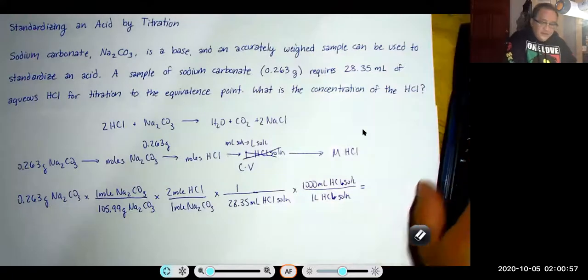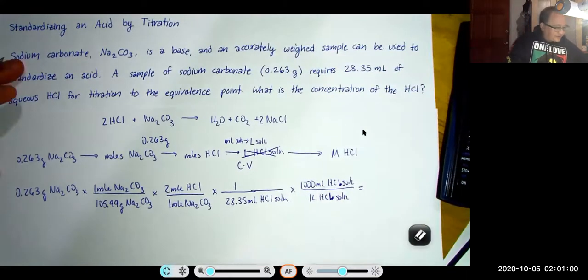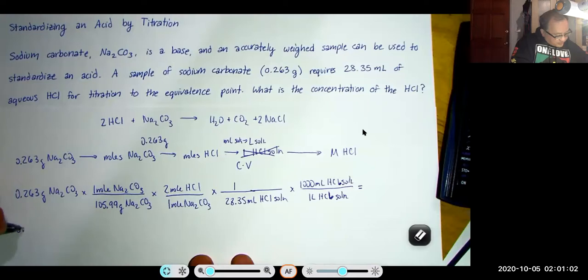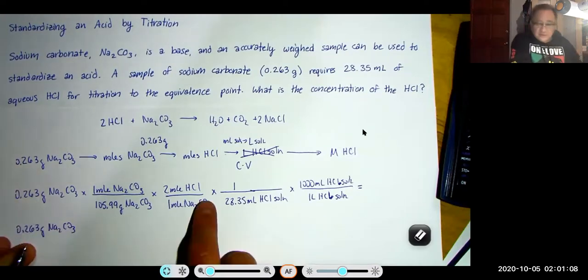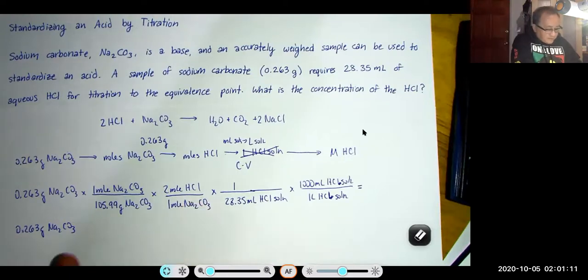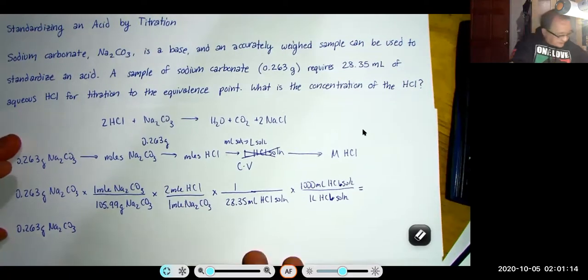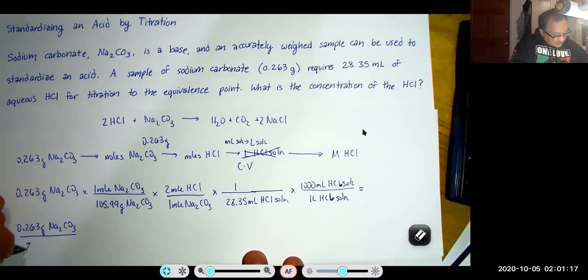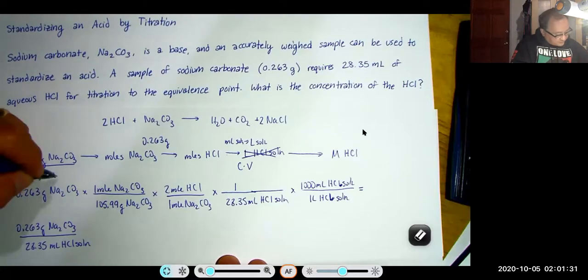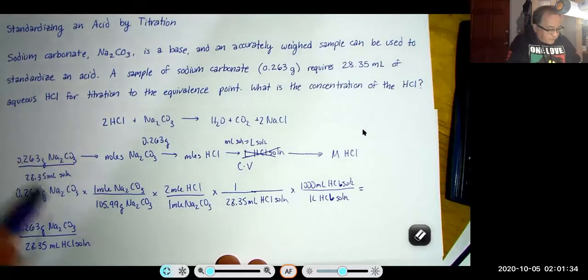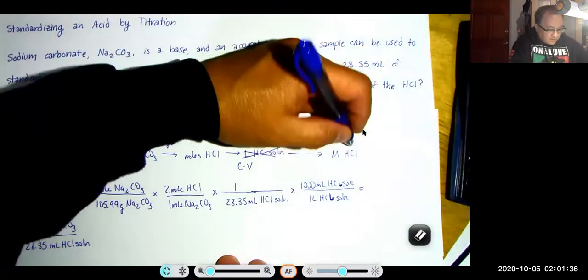Okay, now if you don't like doing this, we could start another way. We could say, well, you know what? We're going to start with 0.263 grams of sodium carbonate, and we know that that's going to get us moles of HCl. And we know on the bottom, we're going to need the volume of HCl, so we're just going to go ahead and start with 28.35 milliliters of HCl solution. And our pathway might be, okay, I'm going to adjust this up here and put the 28.35 milliliters of solution. On top, we're going to do the moles, and we're just going to get rid of all of that.